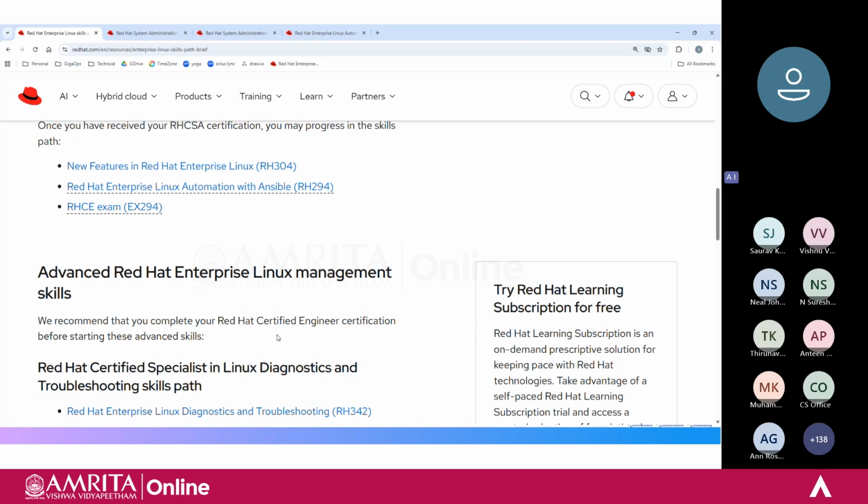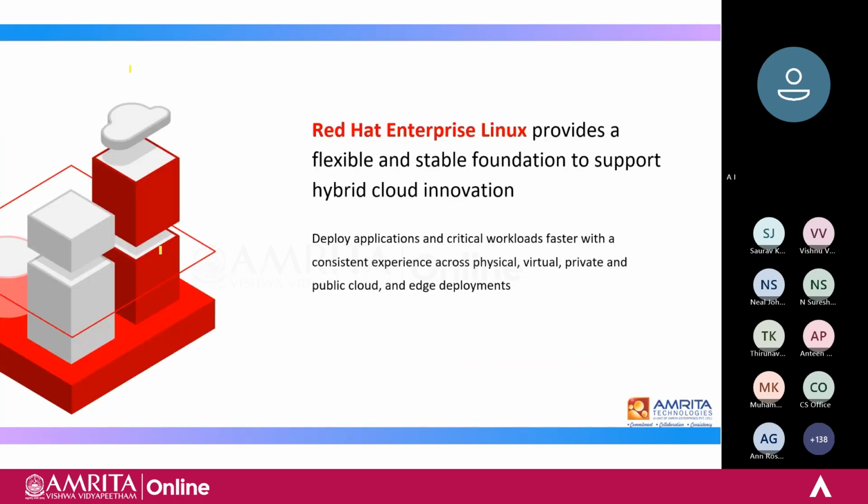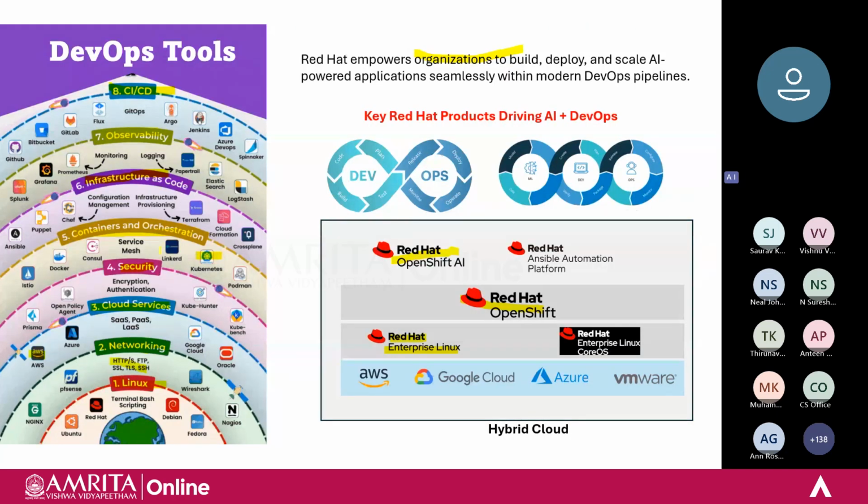As I said, you need to circle back to the same diagram which I've shared. I'll go back. You need to focus on the image that you see on the right side. Once you complete Linux and Ansible, RHCSA and RHCE, you need to focus on Kubernetes, and then on OpenShift.